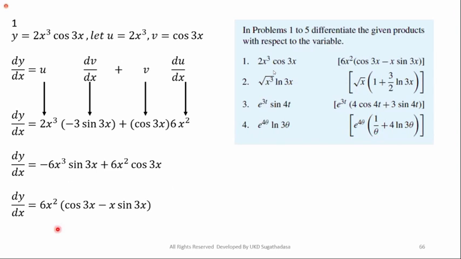You can take 6x^2 as one factor, and within the bracket cos 3x minus x sin 3x. When you take out x^2, one x remains. This is the answer. If you see the answer on the right hand side, you see the perfect, correct answer: 6x^2 within the bracket cos 3x minus x sin 3x.